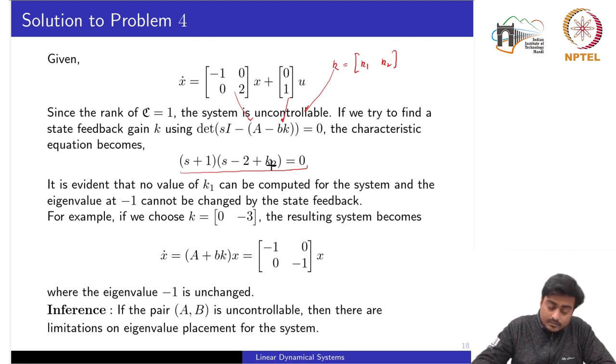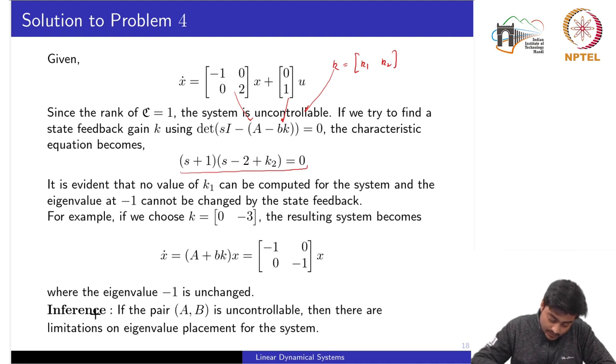This means we can use any value of k2 to place only one of the eigenvalues. One eigenvalue would remain as it is, that is, one of the poles located at -1 cannot be changed. But the other eigenvalue, which is located at 2, meaning the system is an unstable system, we can place anywhere in the s-plane.